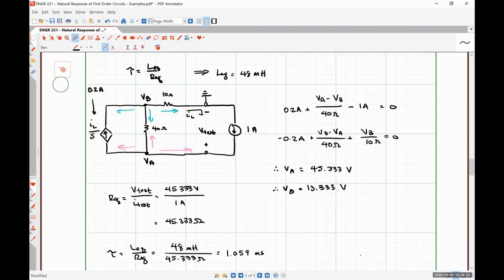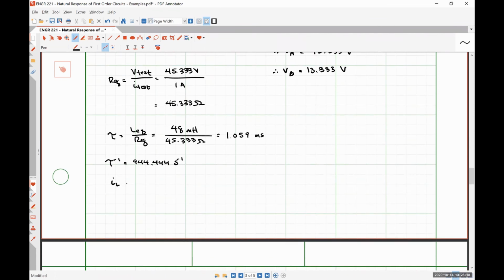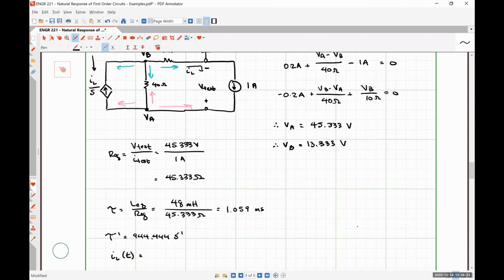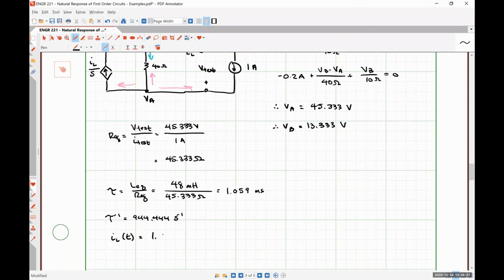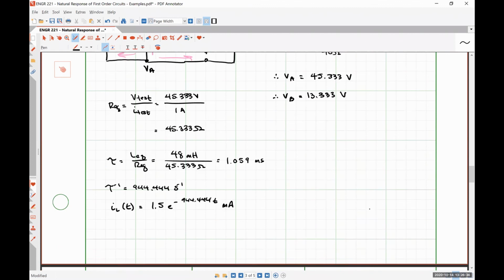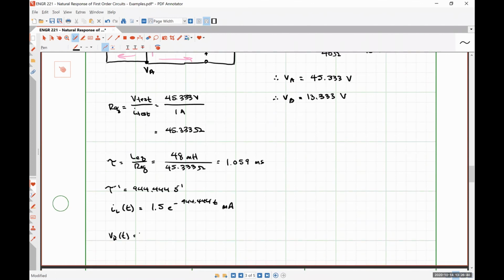And from this, we now know that, I'm in the room here, IL of t is 1.5 e to the minus 944.444 t milliamps, and thus VR is simply, again, negative 0.8 IL of t times 40 ohms, which is negative 48 e to the minus 944.444 t millivolts.